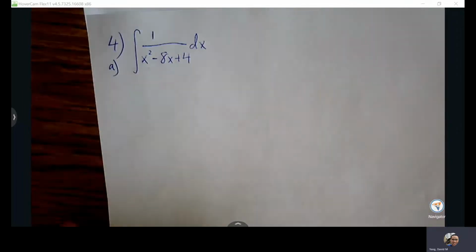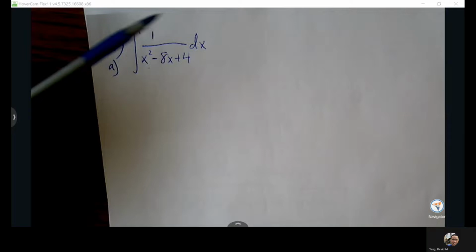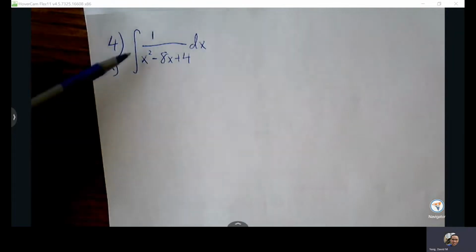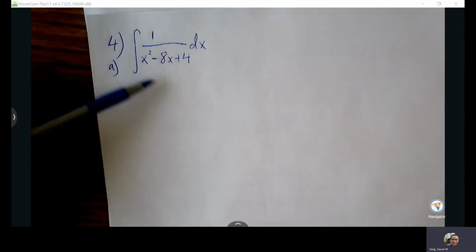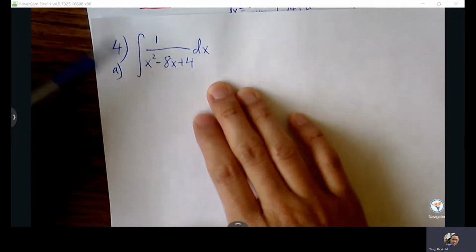Okay, so if we are considering arc trig, there's only 3 options, right? There's arc sine, arc tangent, and arc secant. Both arc sine and arc secant have square roots, so we don't see any square roots, so we know we can't fall into that category. This will have to be an arc tangent.